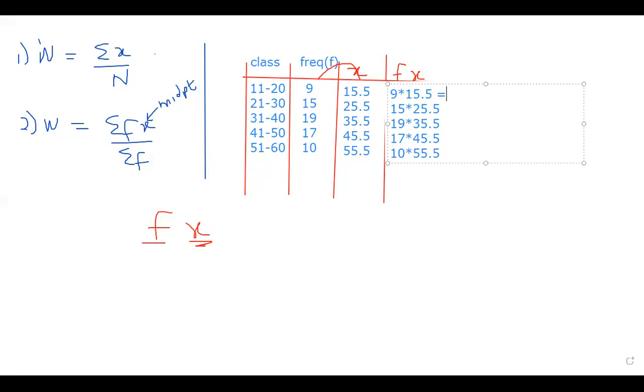For the first one, we have 139.5. Let's go to the second one. So second one, 382.5. Good. Let's go to the next one. Third one, 674.5.